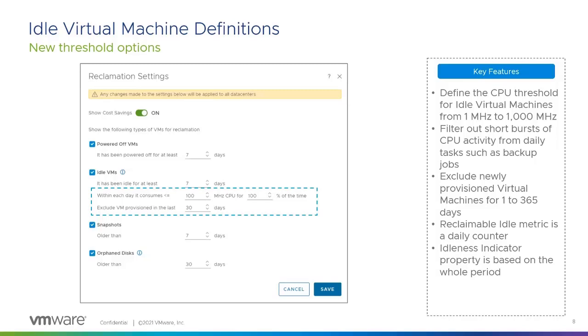So now, not only can you say that the virtual machine has to be idle for a certain number of days, you can also set thresholds on things like the CPU utilization and the percentage of time that the virtual machine needs to be below that threshold. And then there are also options now to exclude virtual machines, like newly provisioned virtual machines, to give users some time to start using the virtual machines before you track them as being idle. So that's one of the new capabilities.